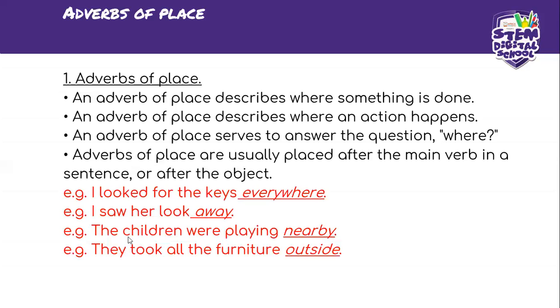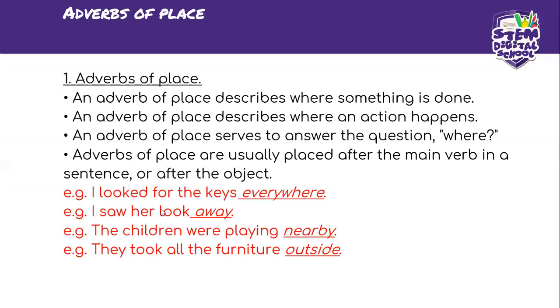Next example, the children were playing nearby. If I say to you, the children were playing, you will want to know where they were playing. So you'll ask me where, and the answer will be nearby. So this means that nearby is our adverb of place.